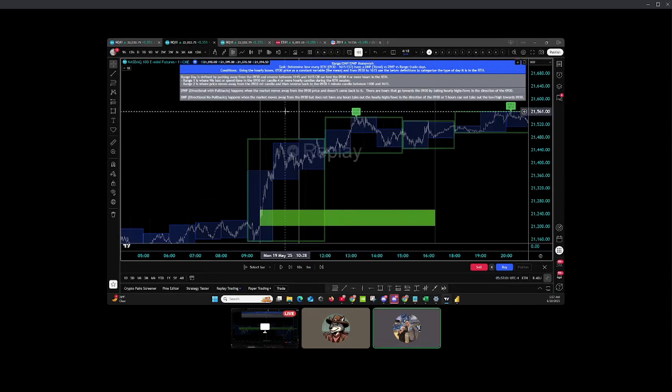The thing that makes it a directional width pullback is the fact that one of the hours started heading back to the 930 and took out an hourly low, right? So this 1400 hour is the hour that started heading back to the 930, took out this hour's low, but could never make it back to the 930.